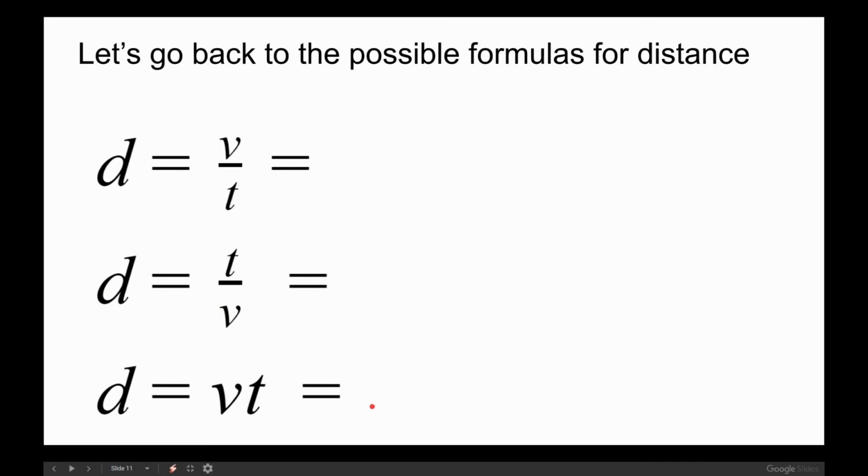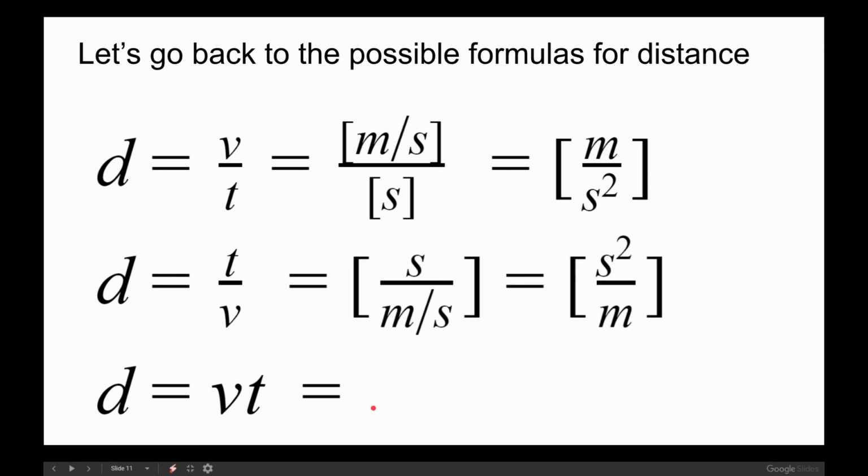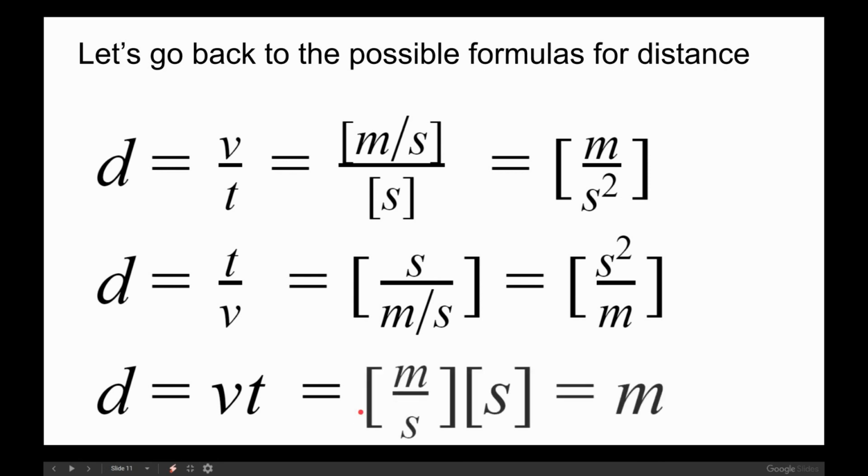So let's look at the 3 possible equations for distance, and you'll see what I mean now. Speed over time is meters per second per second. That's not distance. What? Distance is time over speed. That's seconds per meters per second, which is seconds squared per... That's not distance!